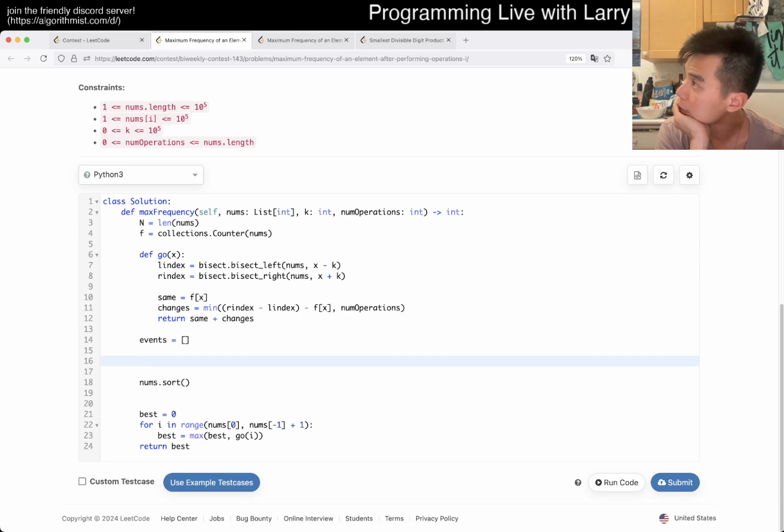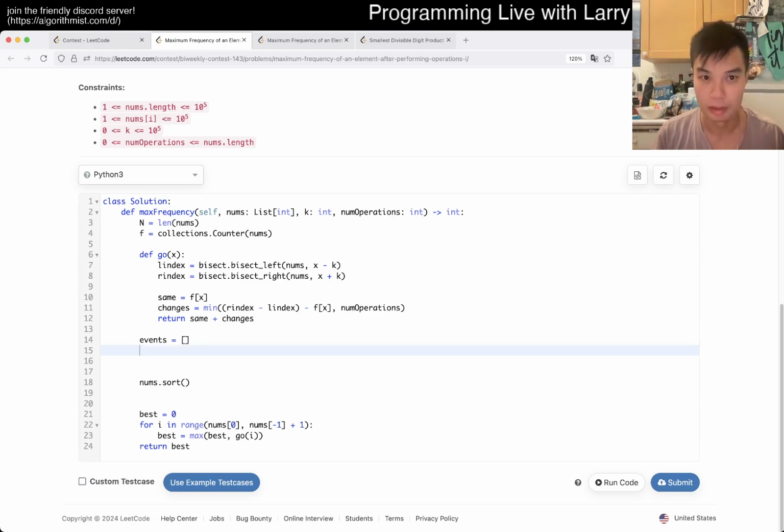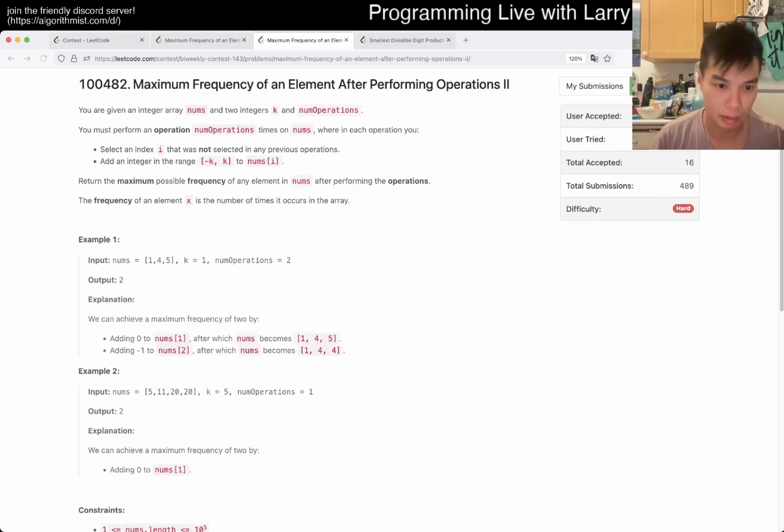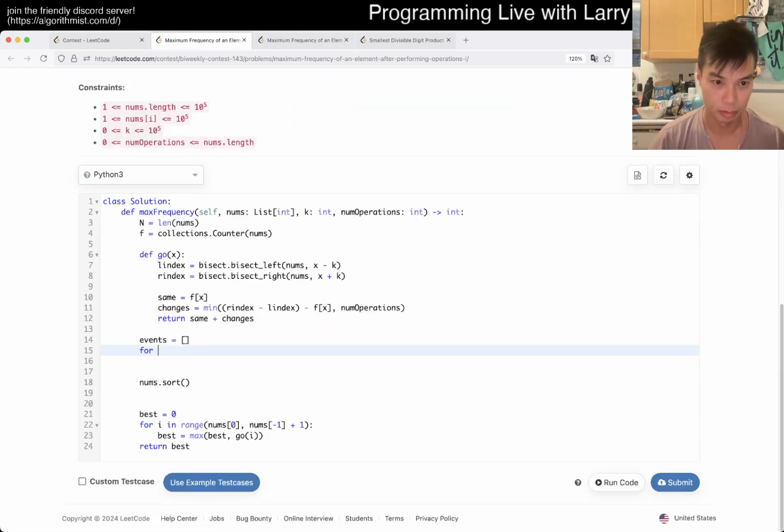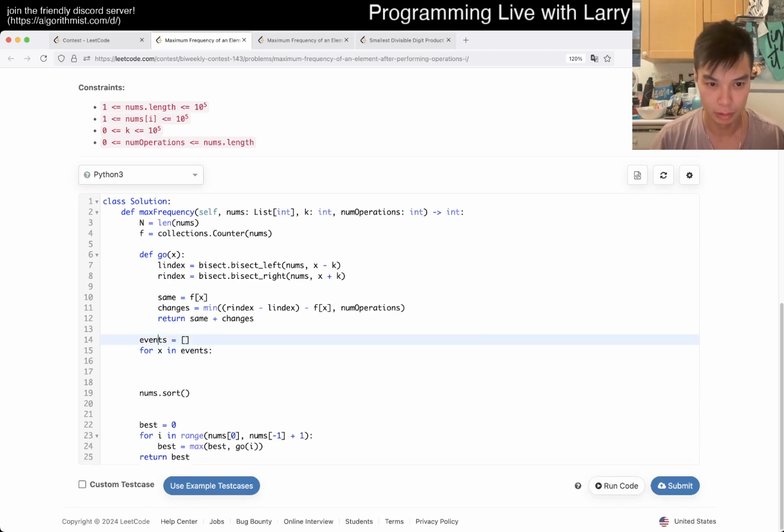So number, you gotta change it or you don't. I want to say something like, how many people got this one yet? 16?